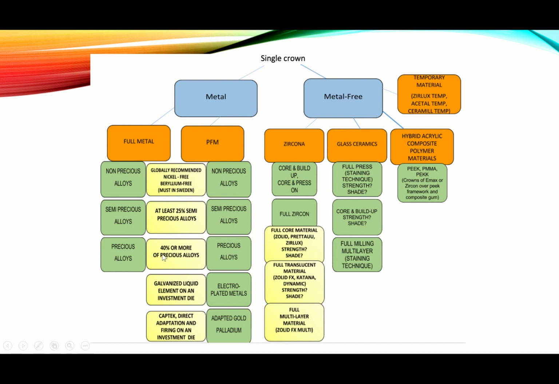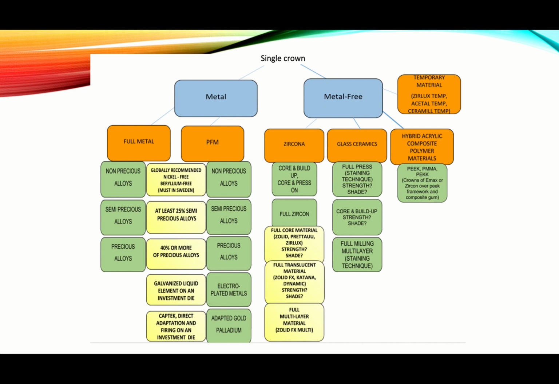You can use the same material for either monolithic or layered, but not all materials, because with electroplating you can only galvanize a single unit core. And if it's a bridge, you have to cast the pontic and then solder it and all kinds of stuff.